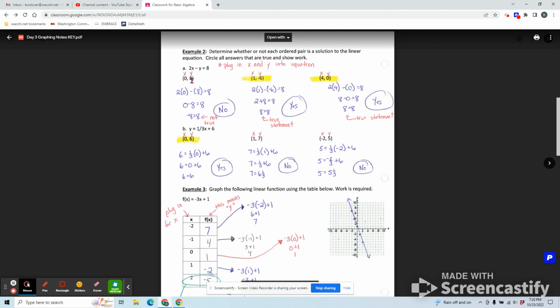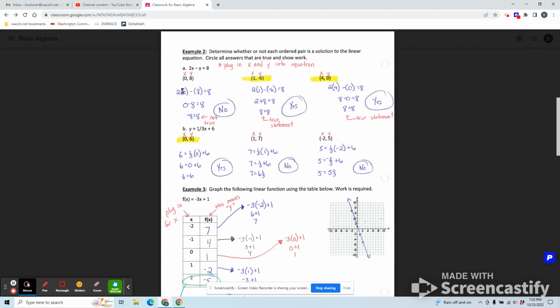Well, 0, 8 is an ordered pair. Your ordered pair is always located at x, y. That is your generic form for an ordered pair. So x is 0, y is 8. So anywhere I see an x, I'm plugging in 0. Anywhere I see a y, I'm plugging in 8.